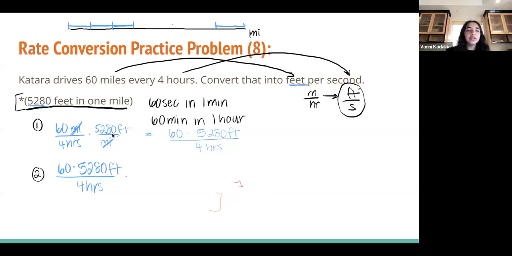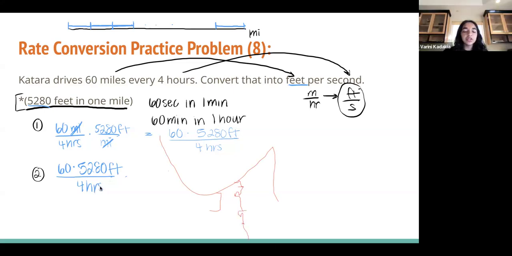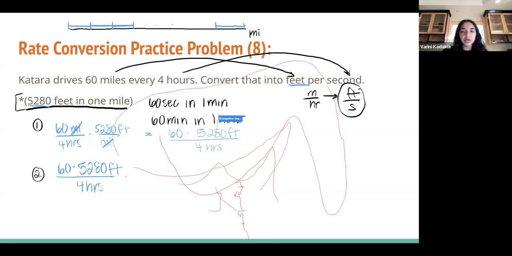So basically, I leave it like this so that when I have to compute other stuff, it's easier for me to cancel out common factors, which I will show you later. So we're not going to simplify this, we'll just leave it like this. How should I convert the hours? How should I get rid of the hours if the hours is on the bottom?